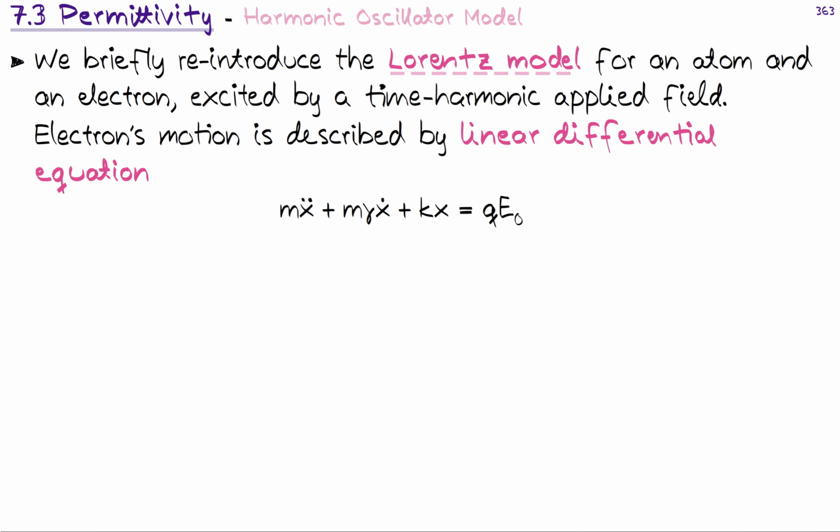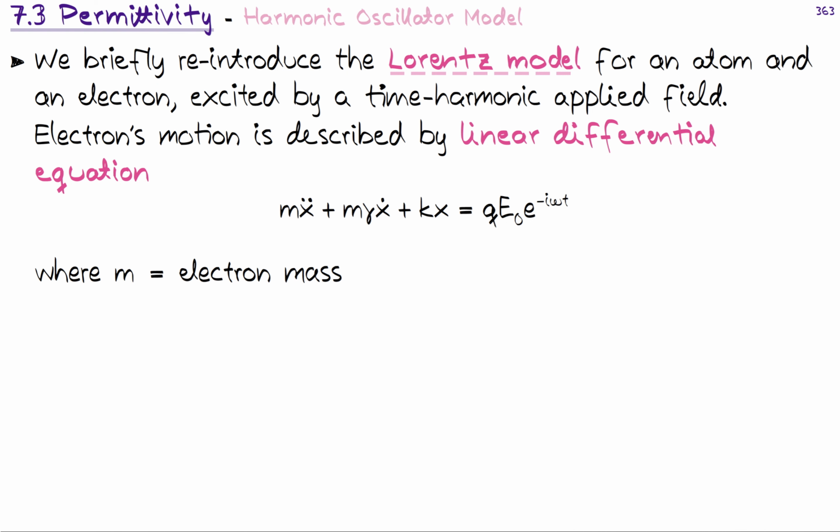And then we have the driving field. So we have the charge of our particle q times E. Please remember the Lorentz force. This is exactly that, but now we neglect the magnetic contribution and we assume that the driving field is a time harmonic oscillation, of the form e to the i omega t.